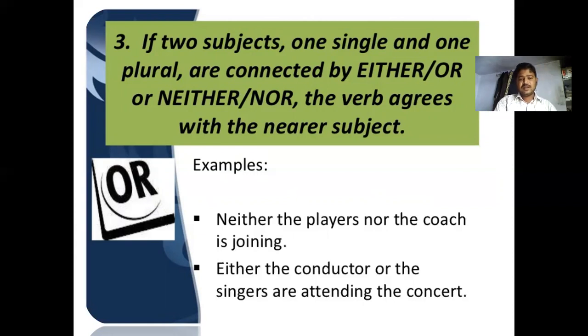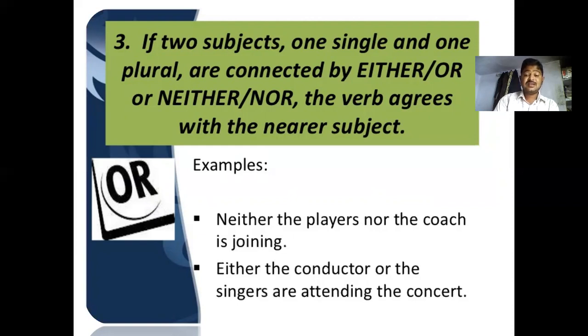And here, look at the examples. Neither the players nor the coach is joining. When we look at the nearest subject, the coach is a singular word. So we have taken the verb form in agreement with it: joining.